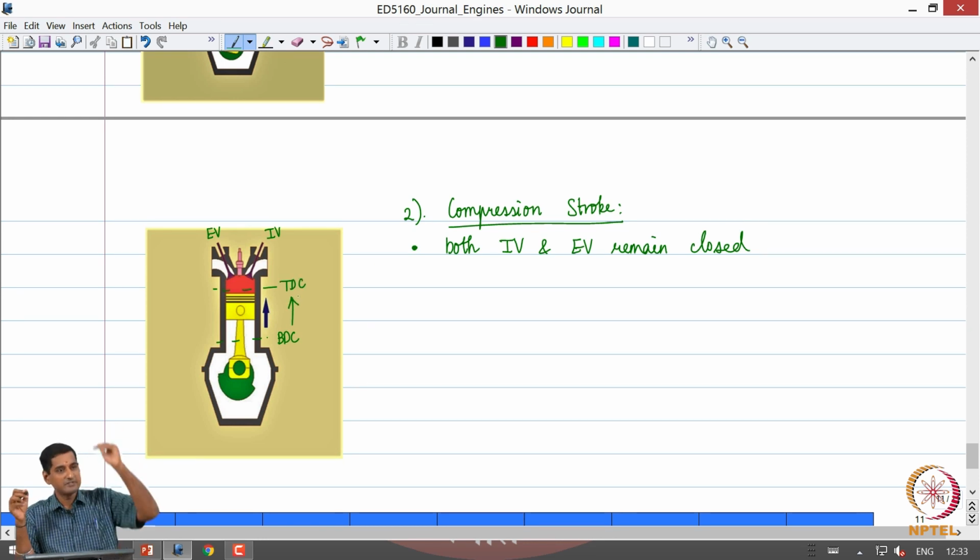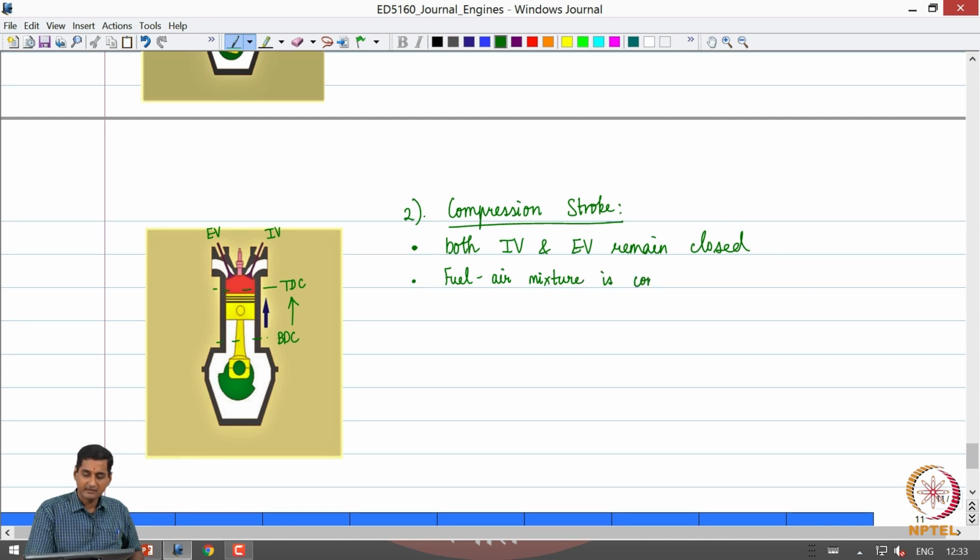That is what happens during the compression stroke. The fuel air mixture is compressed. As a result the pressure increases and the temperature in the cylinder also increases. The pressure and the temperature in the combustion chamber both increase during the compression stroke.